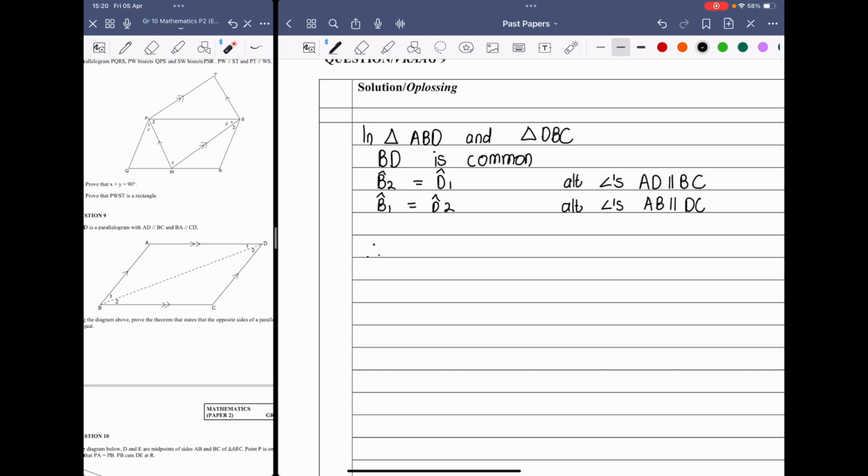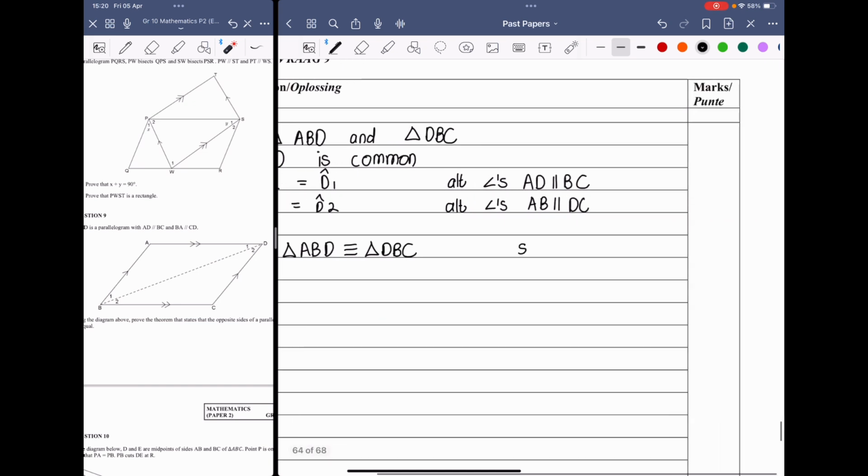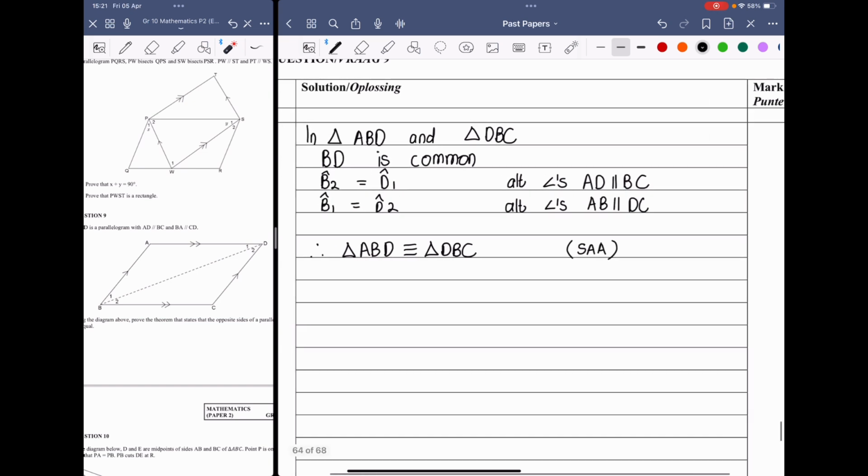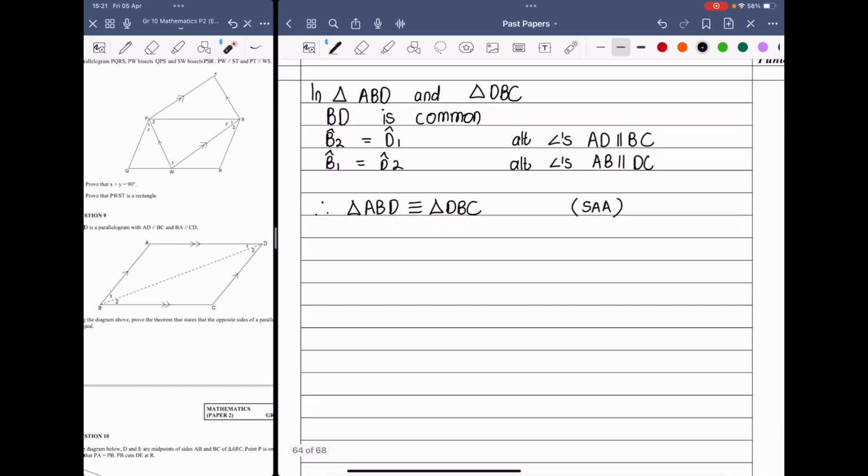Right, therefore triangle ABD is congruent to triangle DBC, and that is from angle-side-angle. Okay, then next, if I have the congruent triangles, I can say that the relevant sides are equal. So for example, the AB is going to be equal to the DC in length, and the AD is equal to the BC in length.